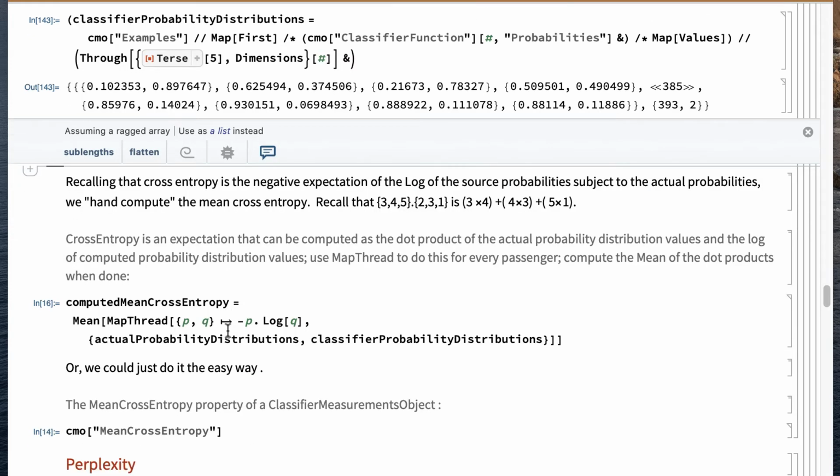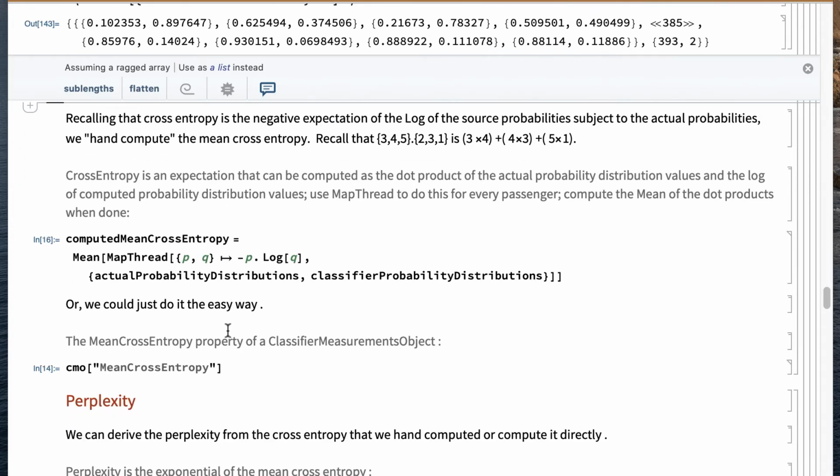And you remember the formula for cross entropy. It's the expected value of the log of the predicted distribution subject to the actual distribution. And you can compute that as the dot product of P, the actual distribution, with the log of Q, the predicted distribution, and then you have to take the negative of it.